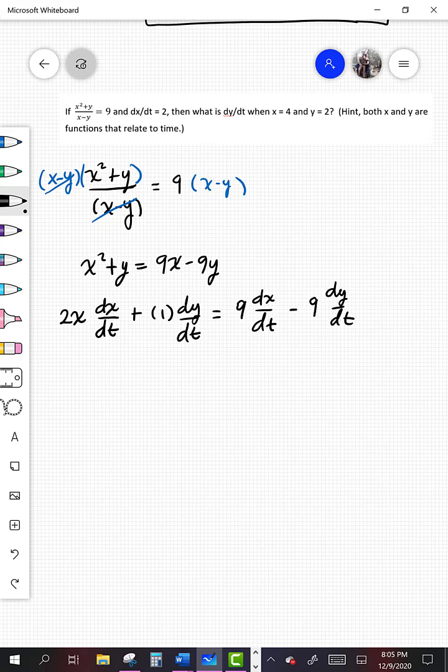We are going to want to solve for dy/dt, so we want all the terms with dy/dt on one side of the equation and all the other terms that don't have dy/dt on the other side.